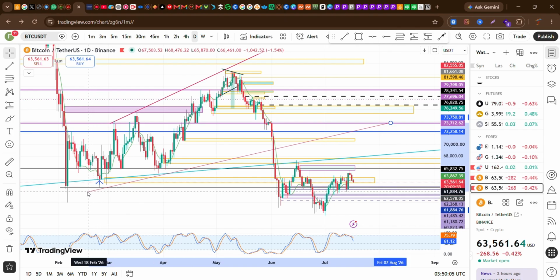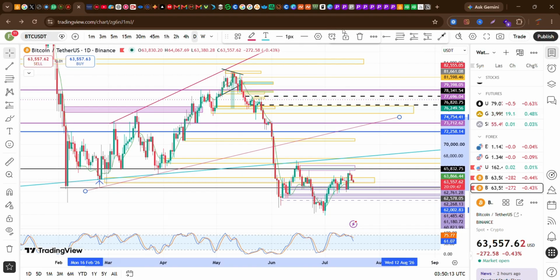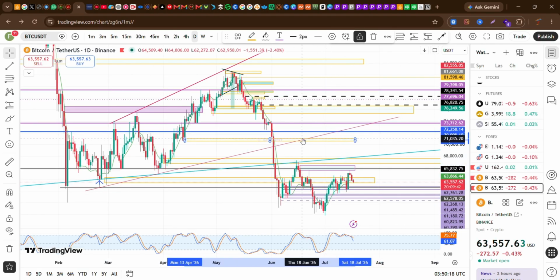So there's a reason why I'm not taking out this trend line. I'm supposed to take it out, but I want the pullback to fully occur before I can do that. So this is a valid order block.